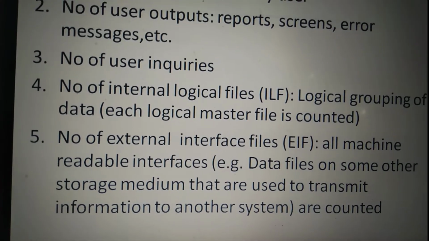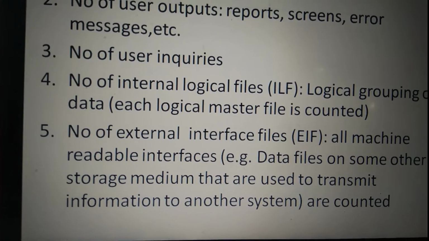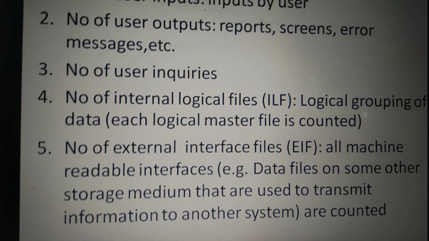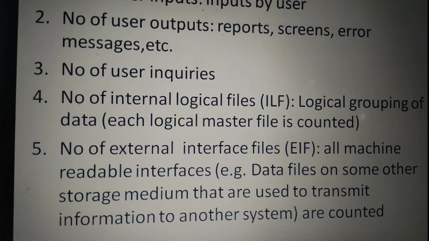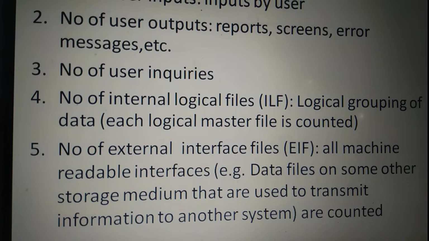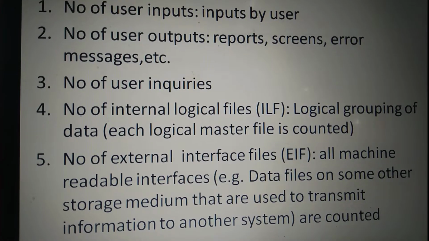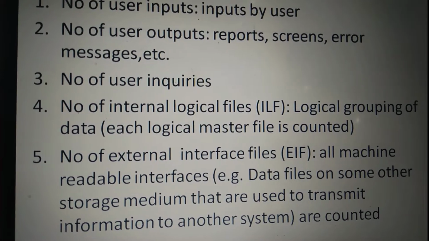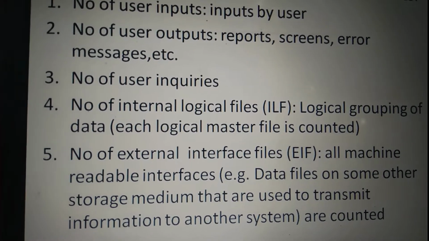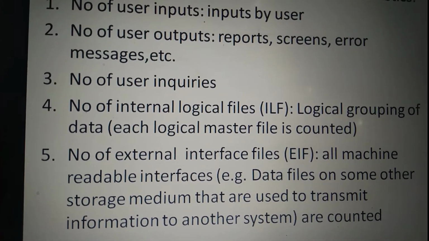For the number of inputs, it should be either an elementary process or control information, a data or control information received from outside the application boundary. If it is a data input, it should maintain 1 or more internal logical files after processing, and the input should be unique.